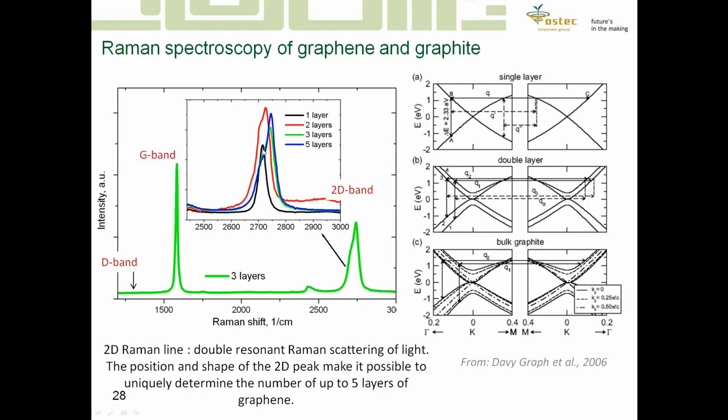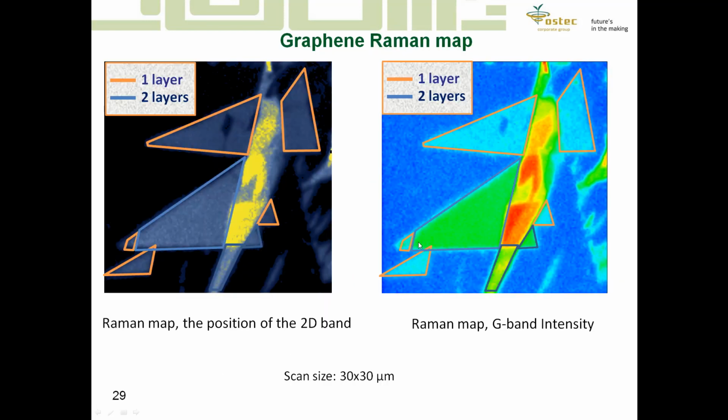Single layer graphene has a clear difference compared to two-layer graphene, and three or more layers are not so clearly differentiated by the 2D band shape, and one or two layers can be clearly identified.